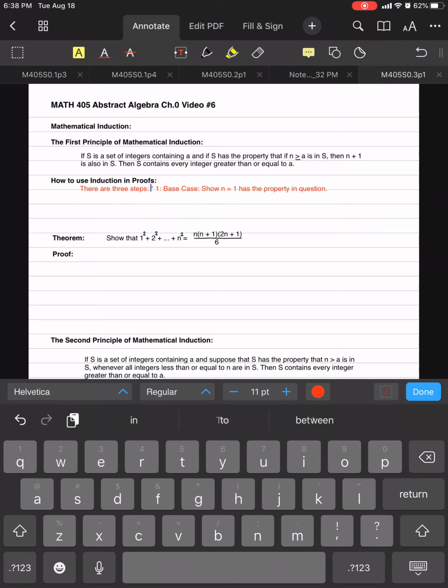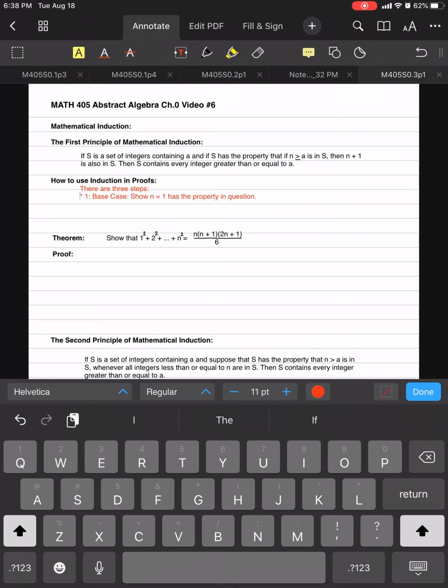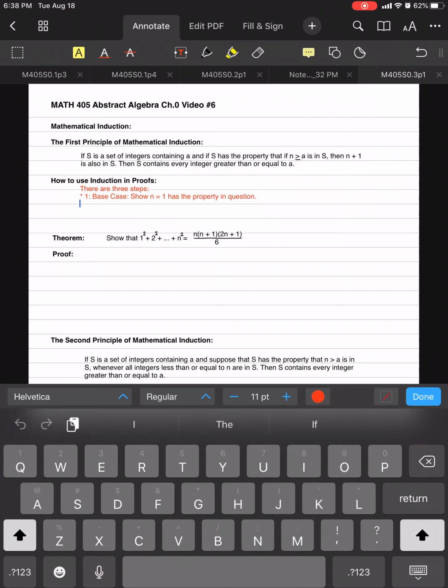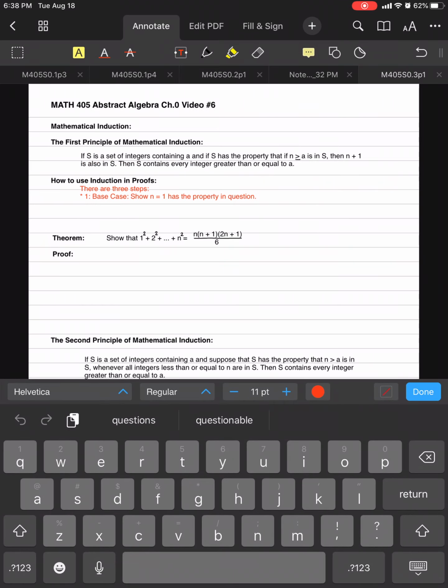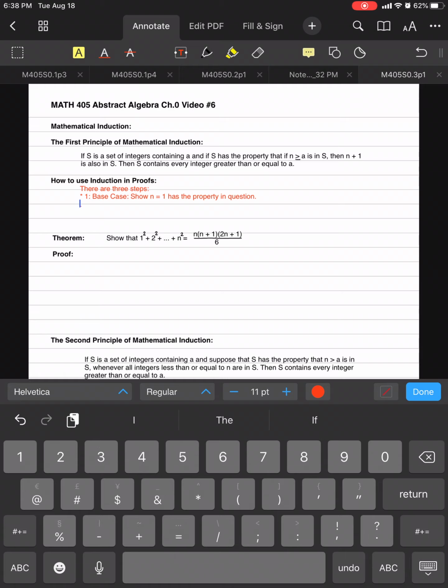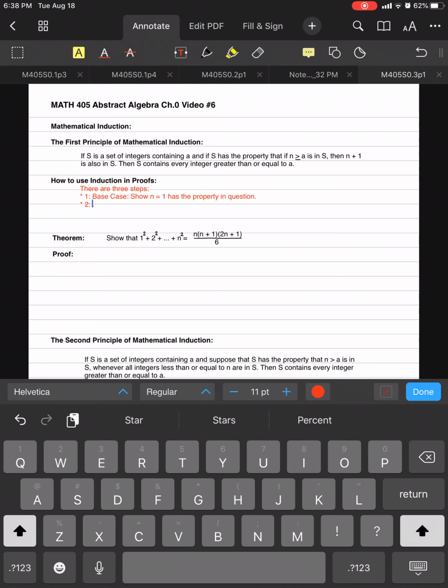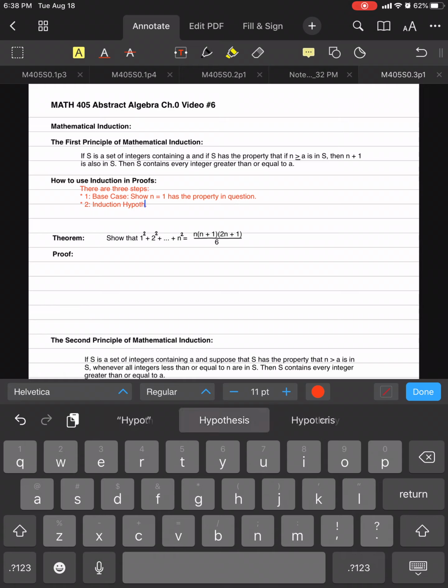Our second step is what we call the induction hypothesis. And this one is essentially very easy. All it winds up being is you restate the statement of the proof for a particular n.